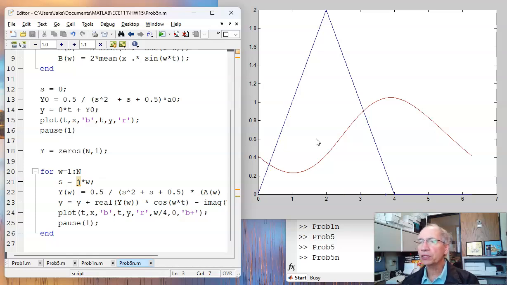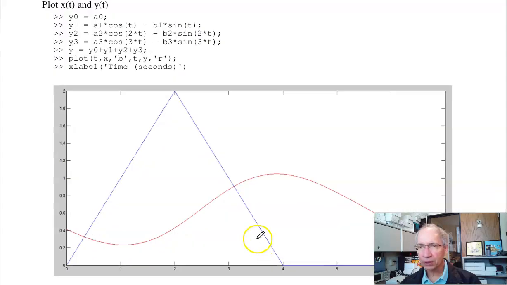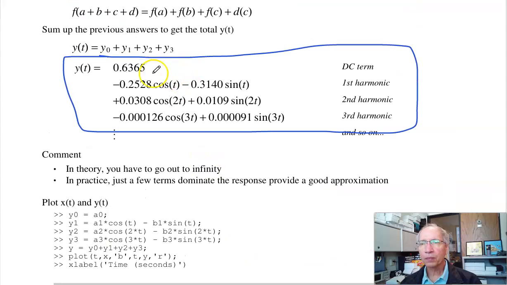If you kind of notice, it's not really changing. That's the saving grace of Fourier transforms. In theory, you have to go out to infinity. In practice, if I just include a couple terms, I pretty much capture the waveform. And you can see that in these solutions. This is the term going out to the third harmonic.